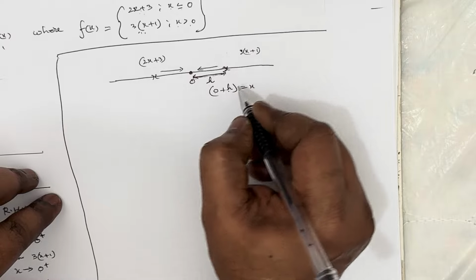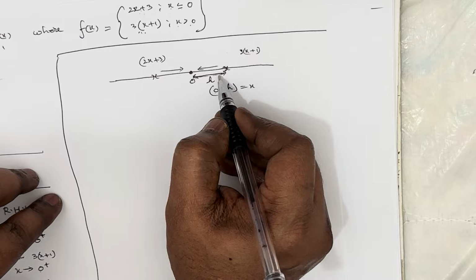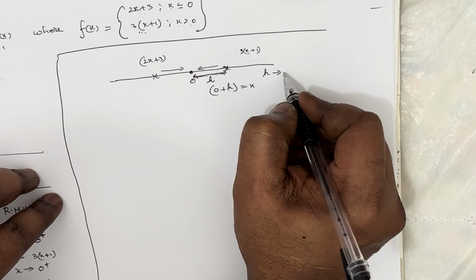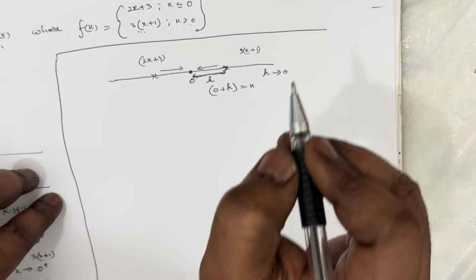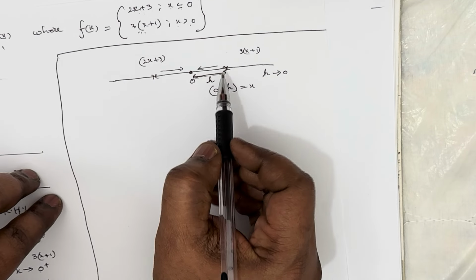So we can say that as x is moving towards 0, h is also tending to 0.